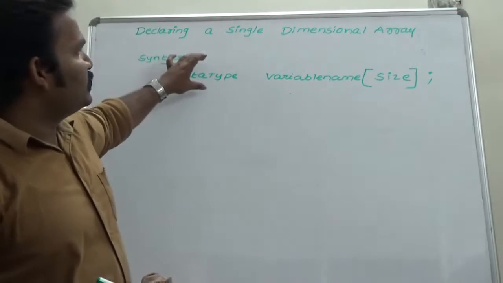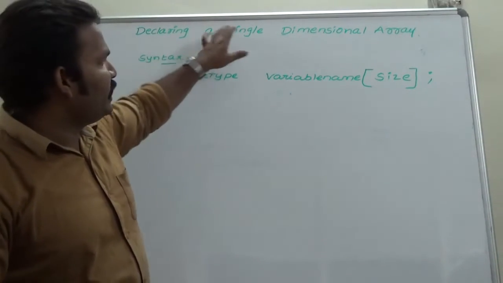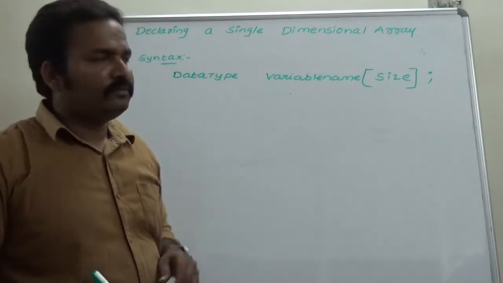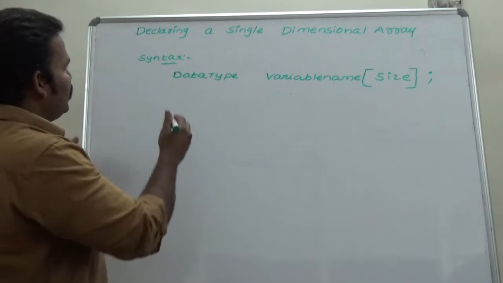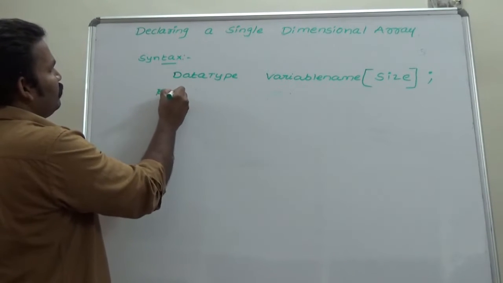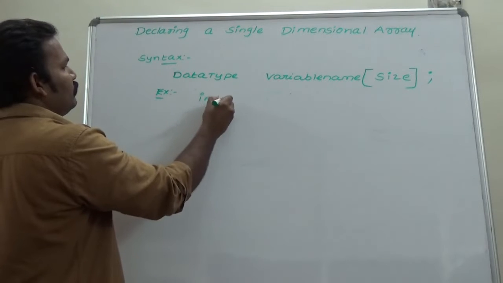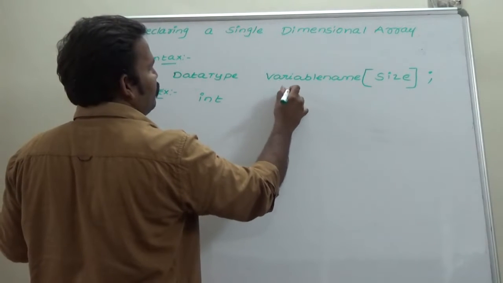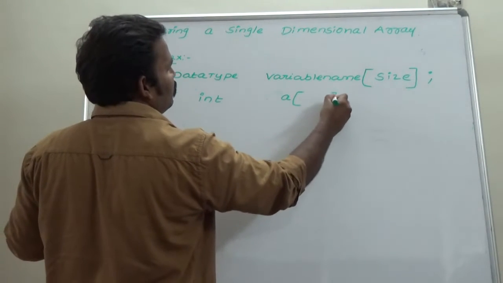This is the syntax for declaring a single dimensional array. Example: int a[5].